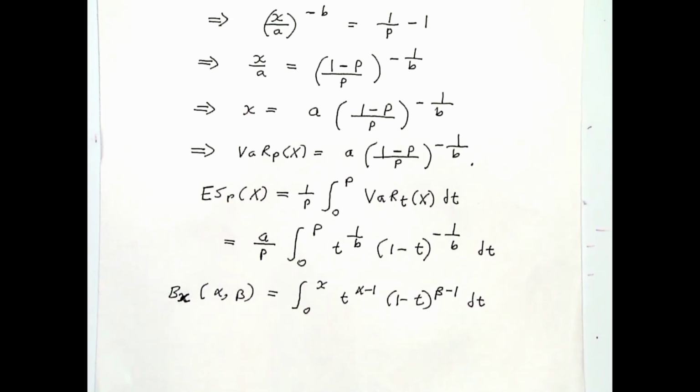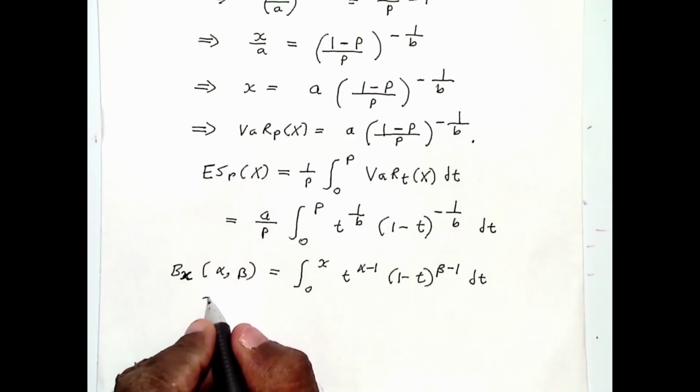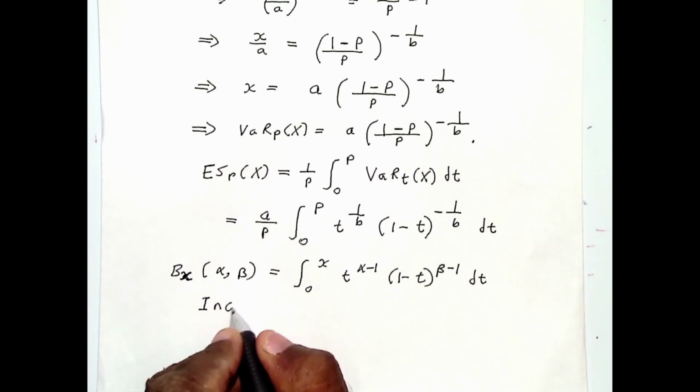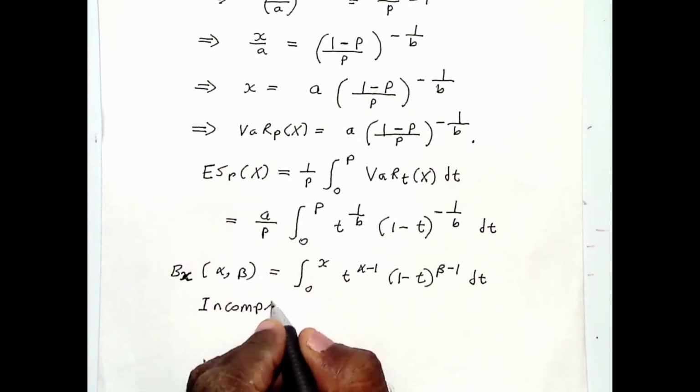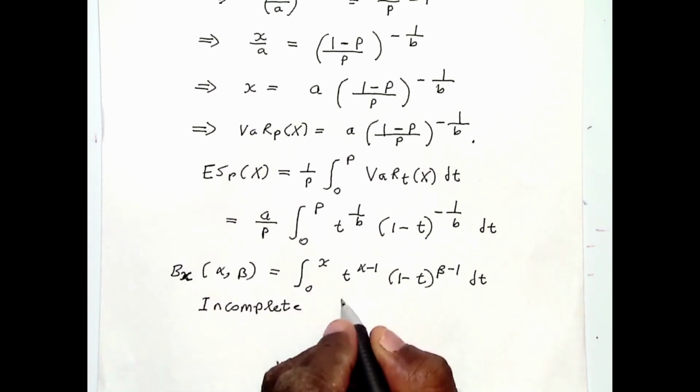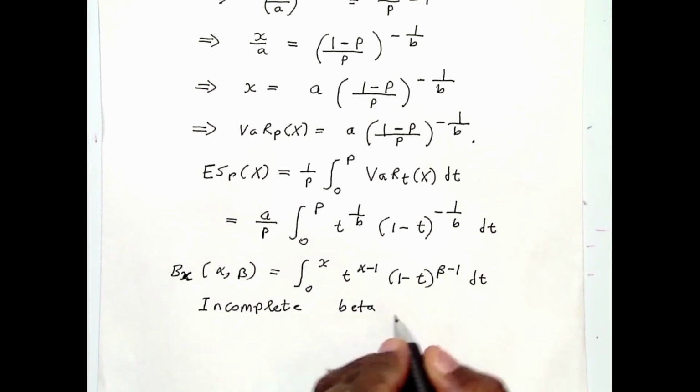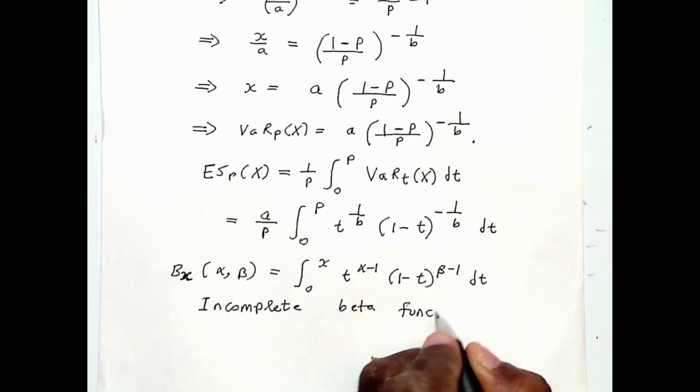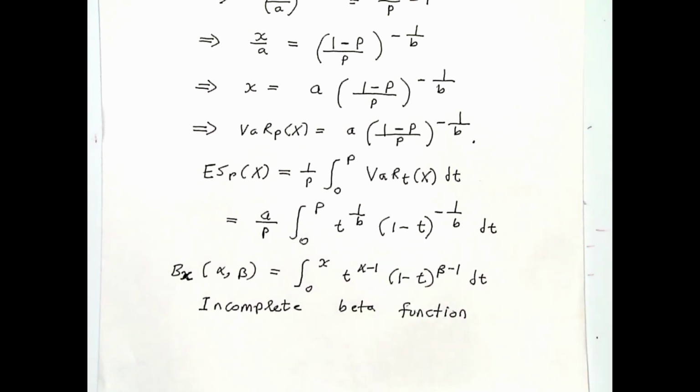All right, and this integral is known as the incomplete beta function, because remember in the definition of beta function the integral is from 0 to 1. Now here the upper limit is not 1 but it's x, right? X is a number between 0 and 1, right?